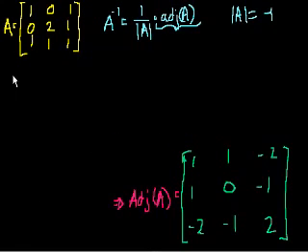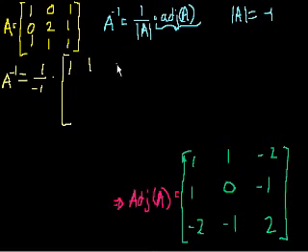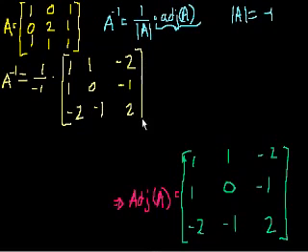So, the inverse of A is equal to 1 over the determinant. We figured out the determinant is negative 1, times the adjugate of A. 1, minus 2. 1, 0, minus 1, minus 2, minus 1, 2. So this is just minus 1, right? So we just apply minus 1 times everything.